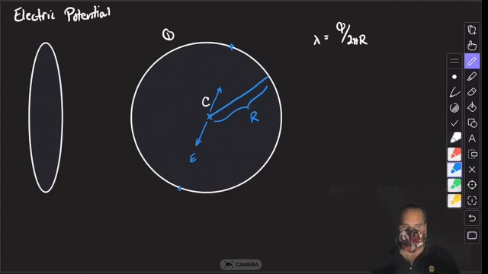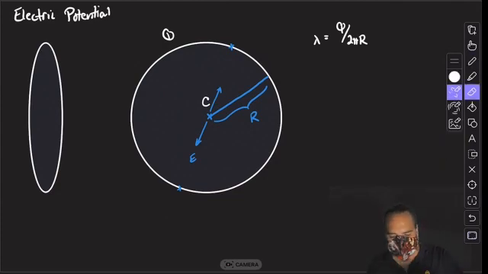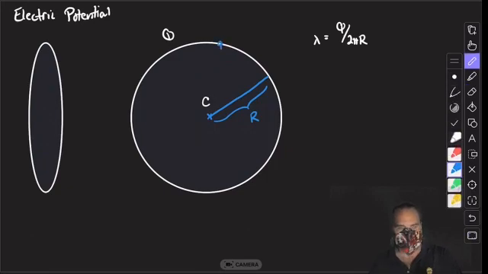So there's lots of contributions to the electric field, but they all cancel out because the electric field is a vector quantity. The electric potential is not a vector quantity. And because of that, the electric potential at the center will not be 0, because for every contribution from this part of the ring, there will be just another contribution from this part of the ring that adds to it.